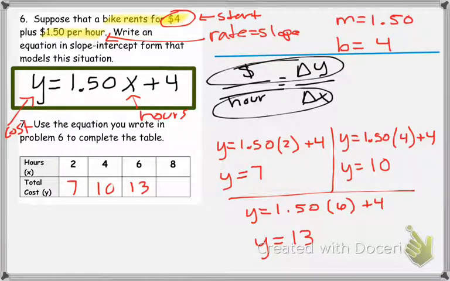From 7 to 10, we added 3. From 10 to 13, we added 3. So we don't even have to do equation math. By the pattern, we can just see that for 8 hours, the total cost is going to be 16, because 13 plus 3 is 16.